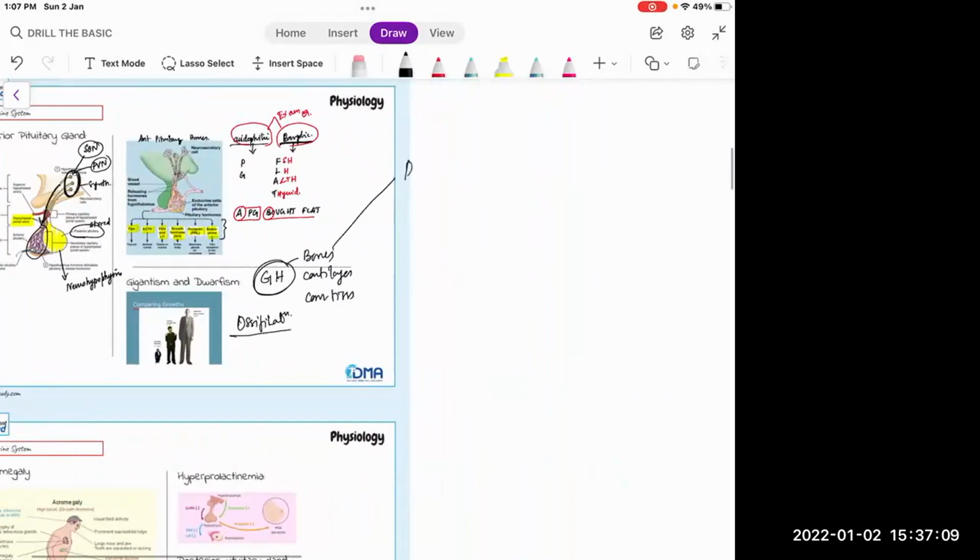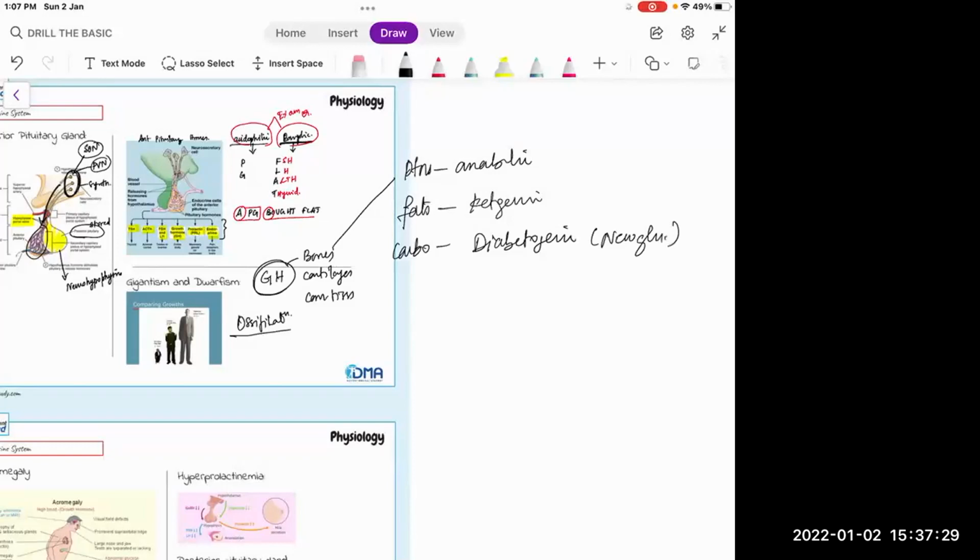So the growth hormone in proteins, anabolic, in fats, ketogenic, in carbohydrates, diabetogenic, by synthesizing new glucose molecules.